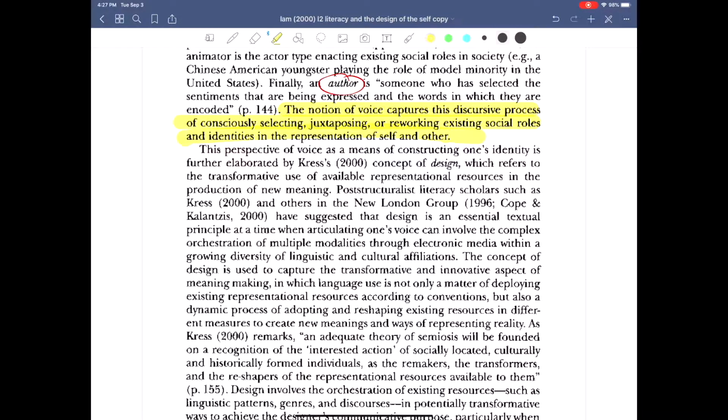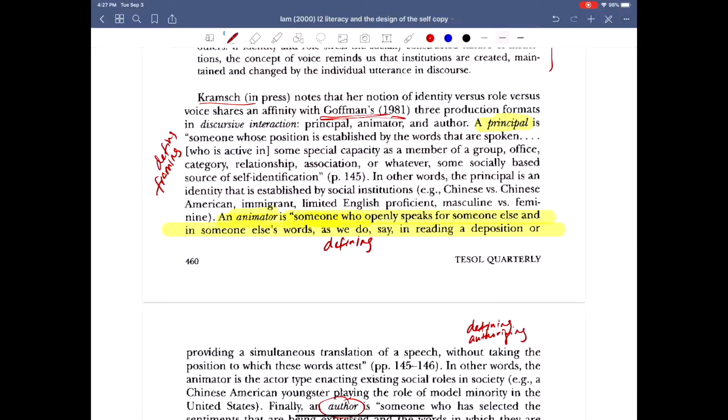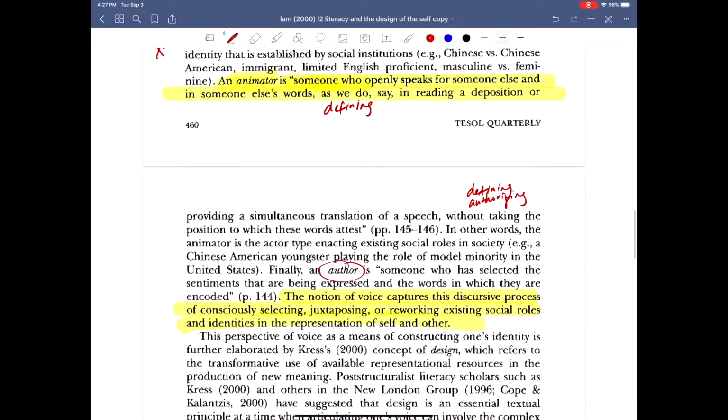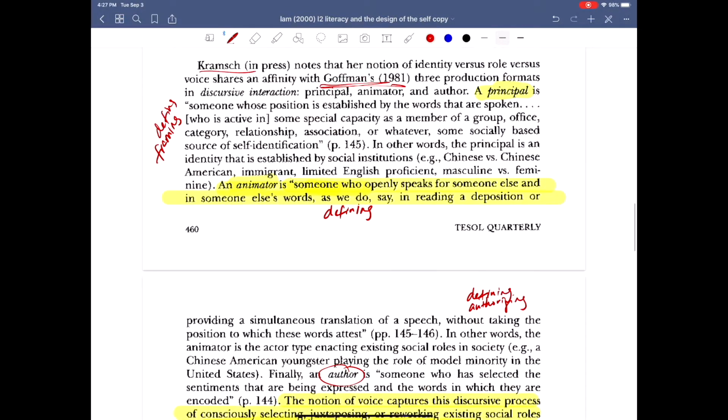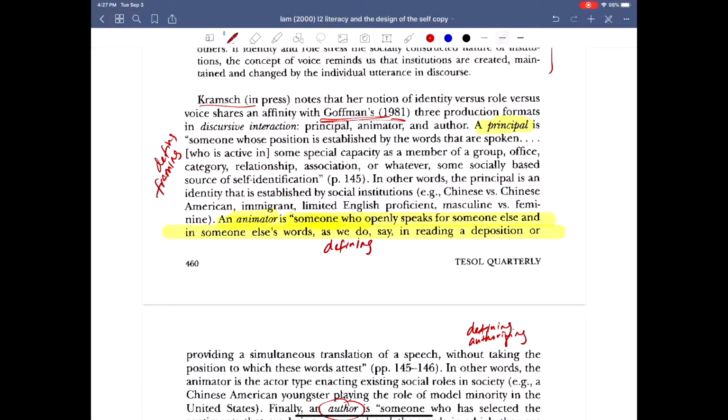So we haven't talked about borrowing. So in this case, it is Kramsch borrowing Goffman, right? And so what she's indicating is also to say that she is possibly going to borrow Goffman, although she hasn't really stated that explicitly yet.